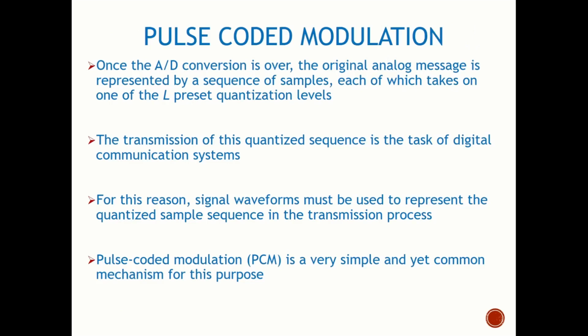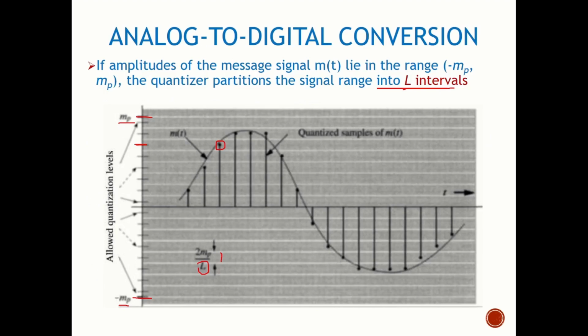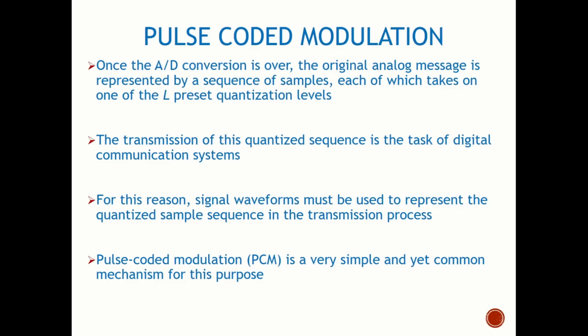Now this process is also known as analog to digital conversion. Once this analog to digital conversion, or A/D conversion, is over, the original analog message is represented by a sequence of samples, each of which takes on one of the L preset quantization levels. So we have divided them into L number of levels.